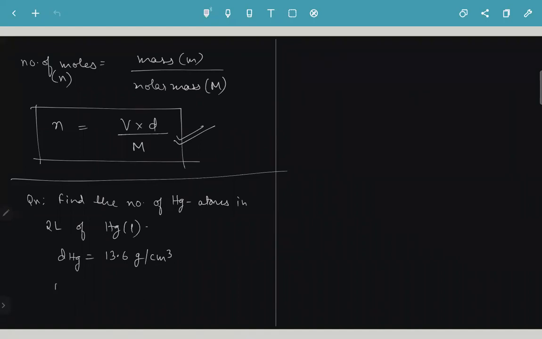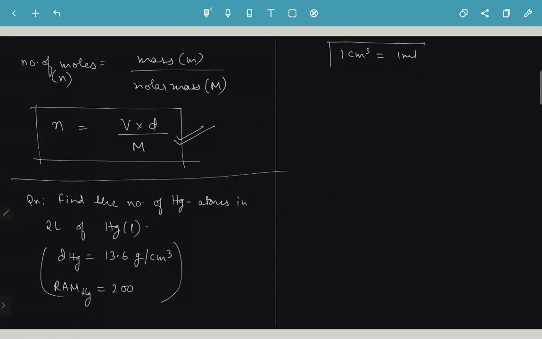Also, the relative atomic mass of mercury is given as 200. Hg is the symbol of mercury. Density of mercury is given as 13.6 grams per centimeter cube, and relative atomic mass of mercury is given as 200. One important conversion that is often used is 1 centimeter cube is exactly equal to 1 milliliter.